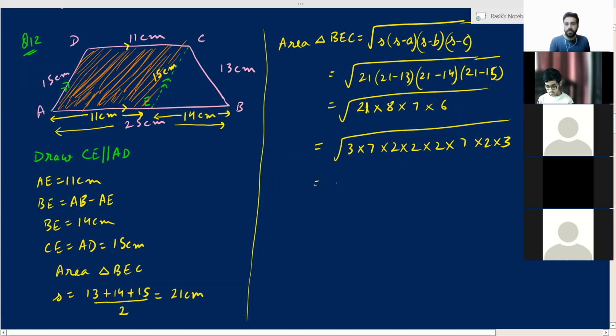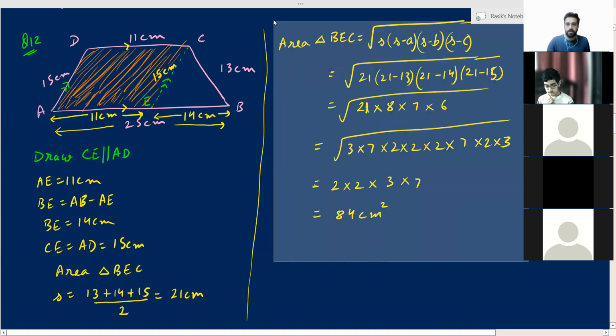We get 2 pairs of 2, 1 pair of 3 and 1 pair of 7 in the factors. When we multiply, what do we get? 21 into 4, 84 centimeters square. This is the area of triangle BEC.